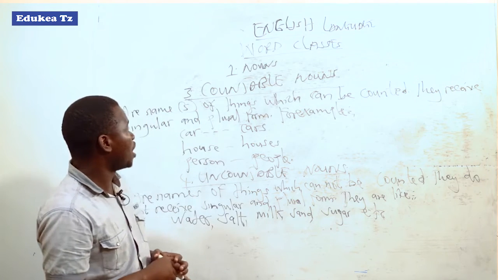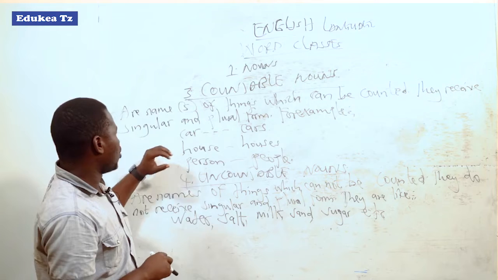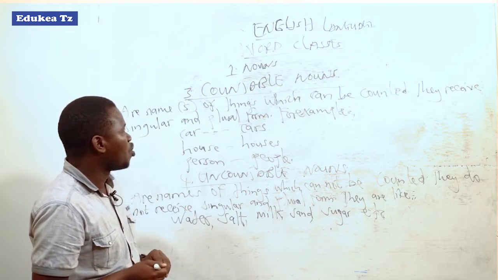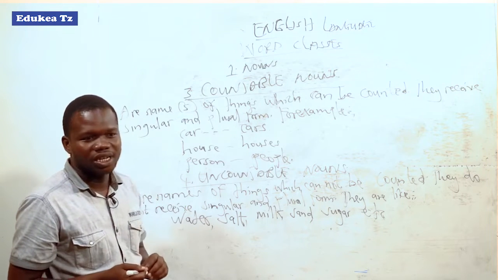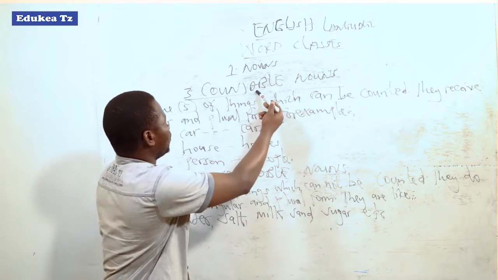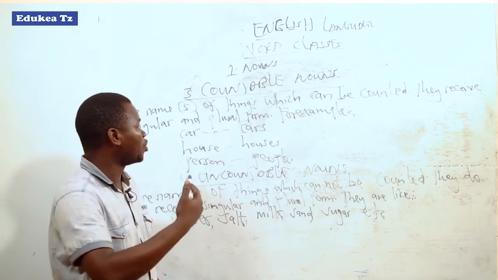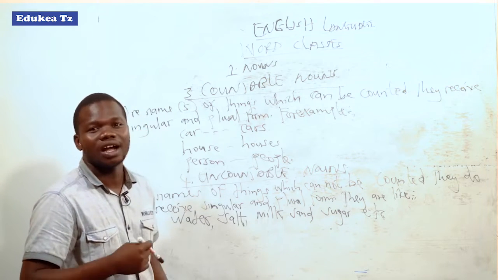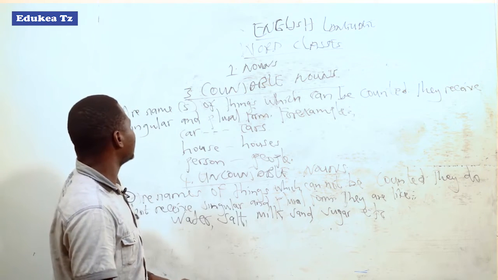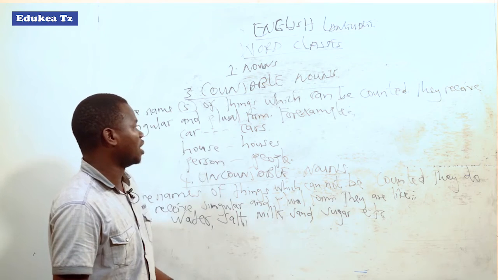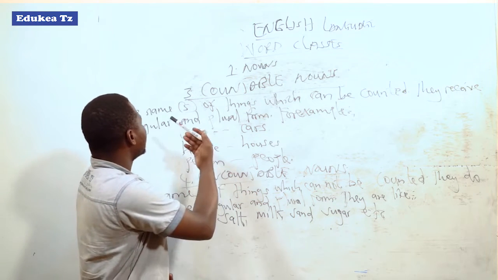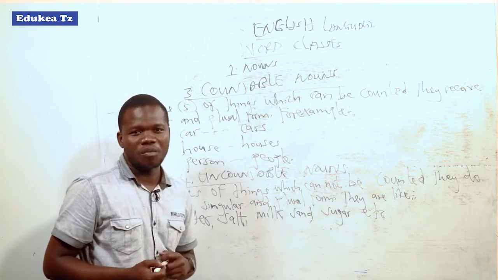So countable nouns are names of things which can be counted. As the name itself states, it is countable. Since they are counted, they receive singular and plural forms.